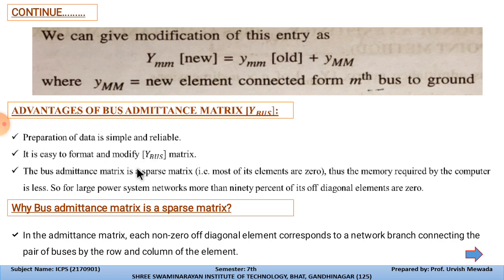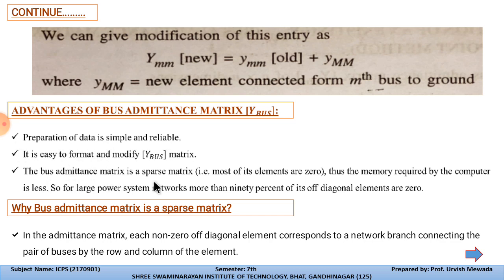It is easy to format and modify the Y bus matrix, because if we have an addition or removal of links from the network, we can add or subtract the links as per our requirement, meaning the admittances of all the links, using the formula which we saw in the theory.